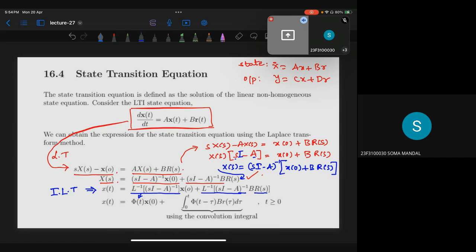R of s. Can anyone tell me why we wrote this integral? Time shifting. Okay, why time shifting?